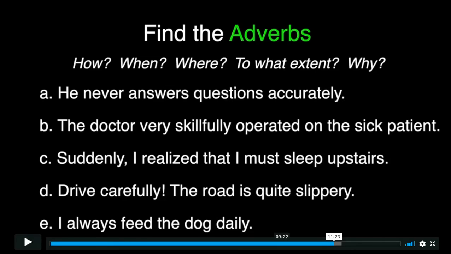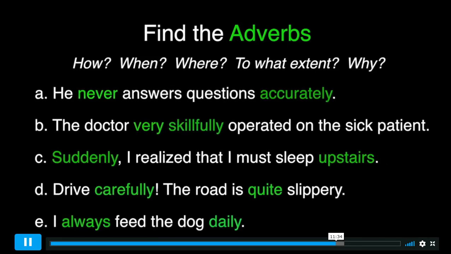Well, hopefully you were able to find the adverbs. I'm going to start the video and she's going to give us the answers. And you'll see if you're correct. Okay, you are back to find the answers. In A, the adverbs are never and accurately, and they're both telling us more about the verb answers.